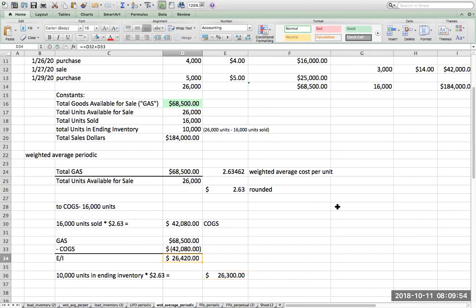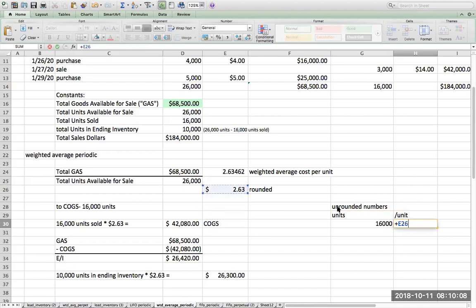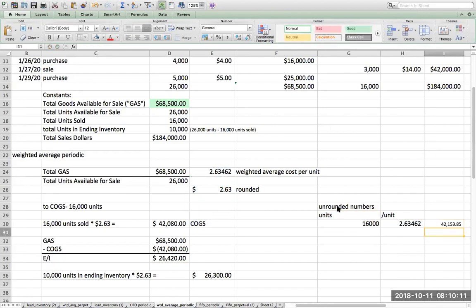If I were to do this problem using unrounded numbers, and I took the 16,000 units and the unrounded number, I'm going to come up with a different number for my cost of goods sold. So here my unrounded cost of goods sold is 42,153.85.